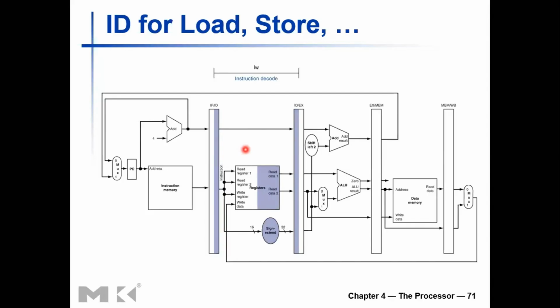But those control signals are generated by a combinational circuit in parallel to this register file. And those signals will tell what you need to select from this multiplexer, whether you are going to write to the register file later. All those things are decided by that control unit.